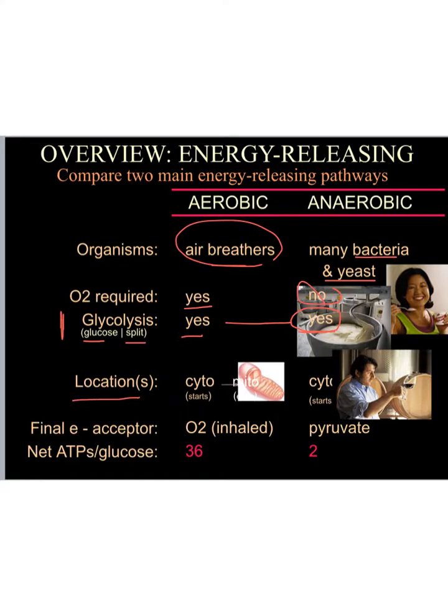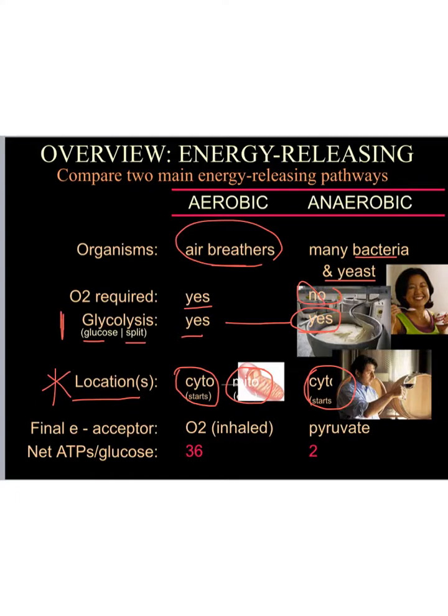In the locations, we know that glycolysis starts in the cytoplasm, and we know that aerobic respirators can then move on to the mitochondria, where they carry out the citric acid cycle and the electron transport chain. Anaerobic respirators cannot. They stay in the cytoplasm. They cannot move on to the mitochondria. So that's one big difference between aerobic and anaerobic respirators.